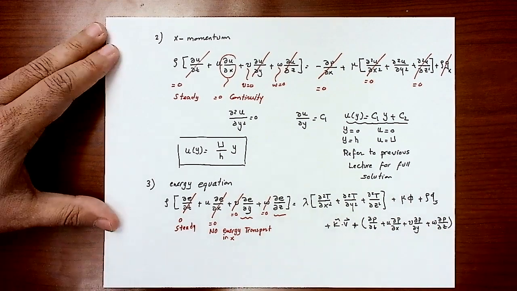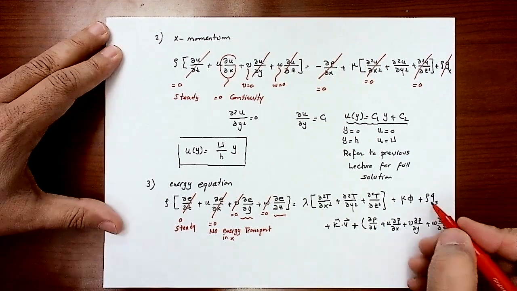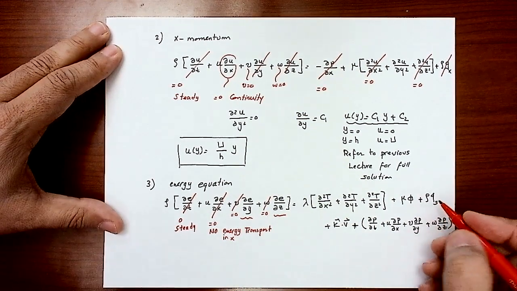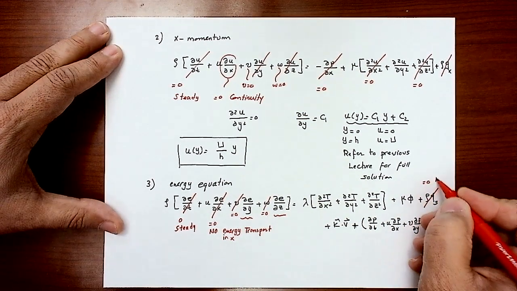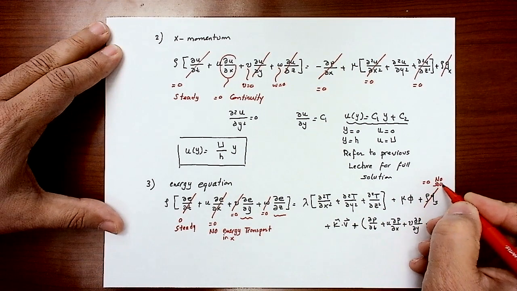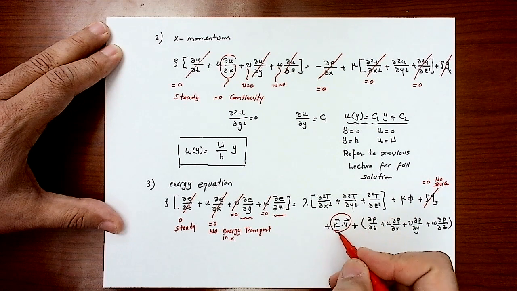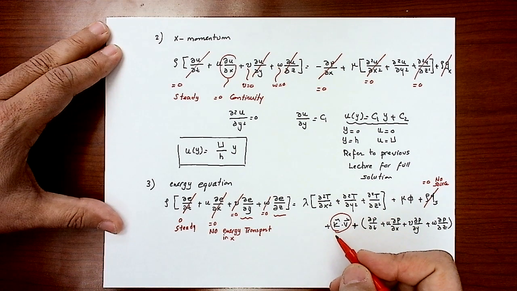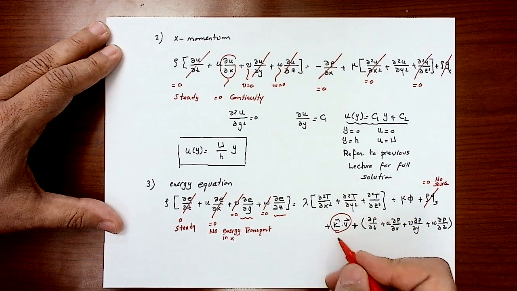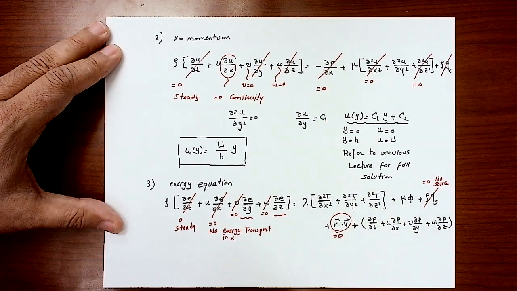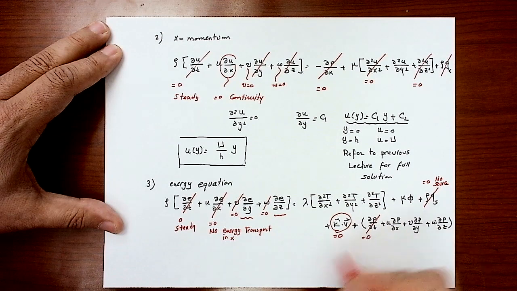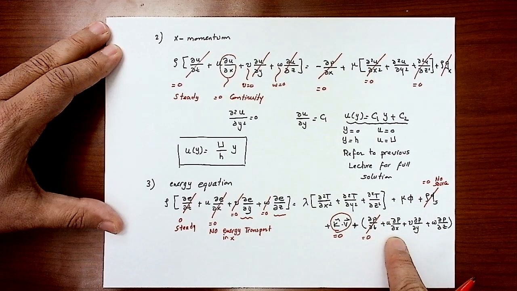This is the full energy equation here. This term is when you have an internal heat source. This is 0, no source was mentioned in that problem. This is the electric and this is the body force. Focus mostly on the electric and magnetic field force, and that's equal to 0. We solve steady, that's 0. And we said that in Couette flow, there is no pressure gradient in any direction.